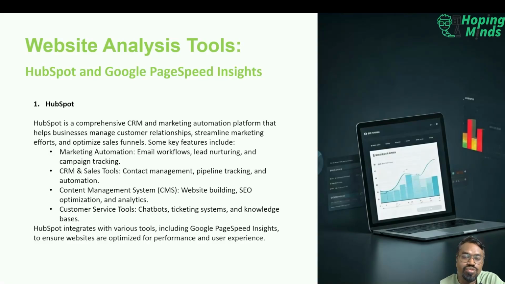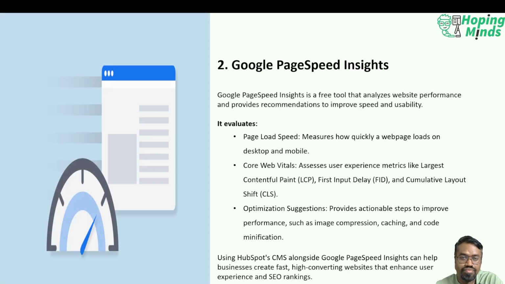Customer service tools such as chatbots, ticketing systems, and knowledge bases can be integrated, or you can say they are already integrated in HubSpot, so that you can manage your business properly, hassle free. HubSpot also integrates with various tools, including Google PageSpeed Insights, to ensure websites are optimized for performance and user experience.